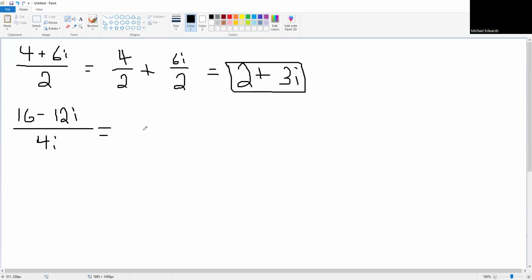Removing the i from the denominator would be your goal, because if you can remove the i from the denominator, then you can solve this as a regular number without being in division.